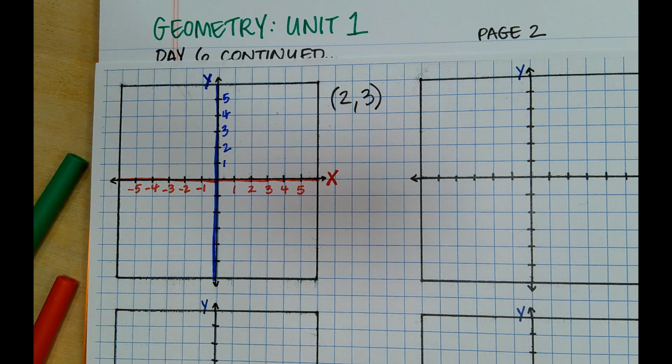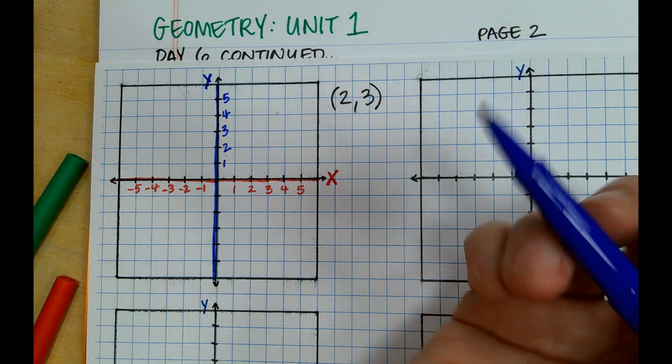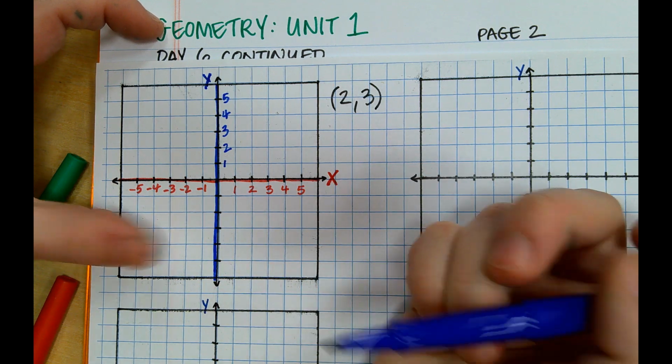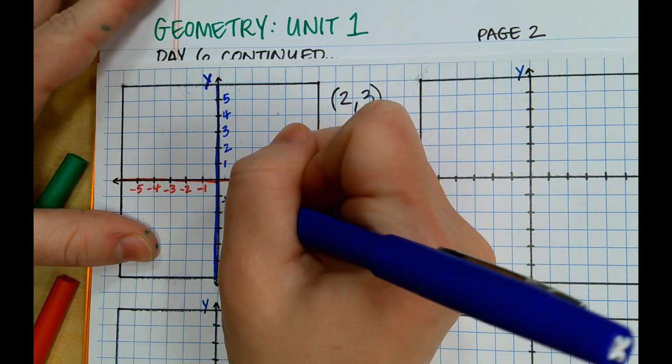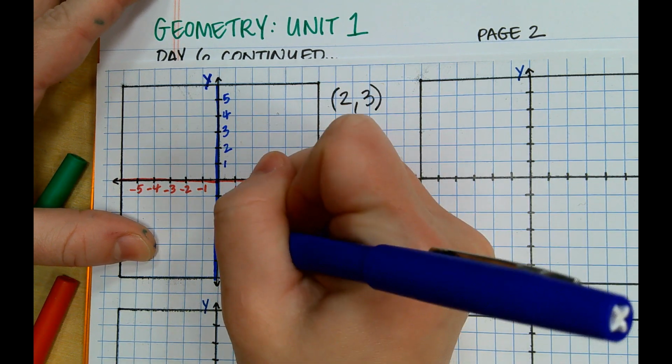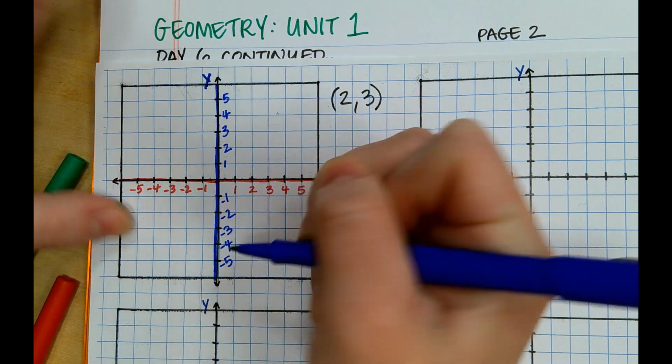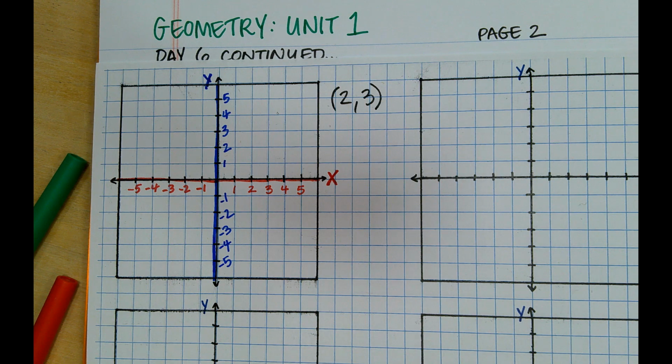And if my up direction for y is positive numbers, what kind of numbers do you think we'll have going down? Negative numbers, exactly. -1, -2, -3, -4, -5. Okay.